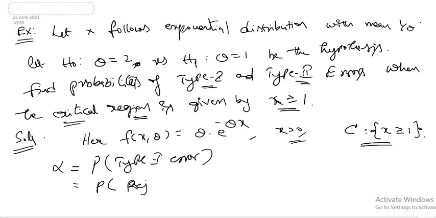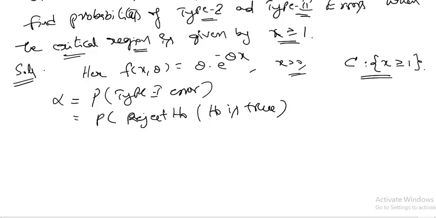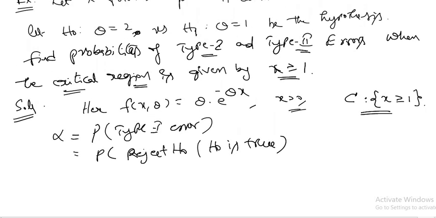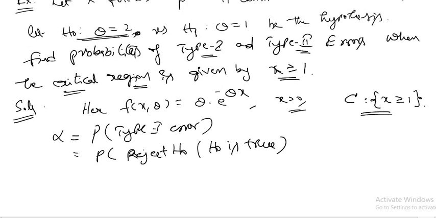Reject H naught when H naught is true. H naught true అంటే మీనింగ్ ఏంటి? H naught ఏంటి ఇక్కడ ఇచ్చినది? Theta equals to 2. When H naught is true, that means when theta equals to 2, you reject H naught.